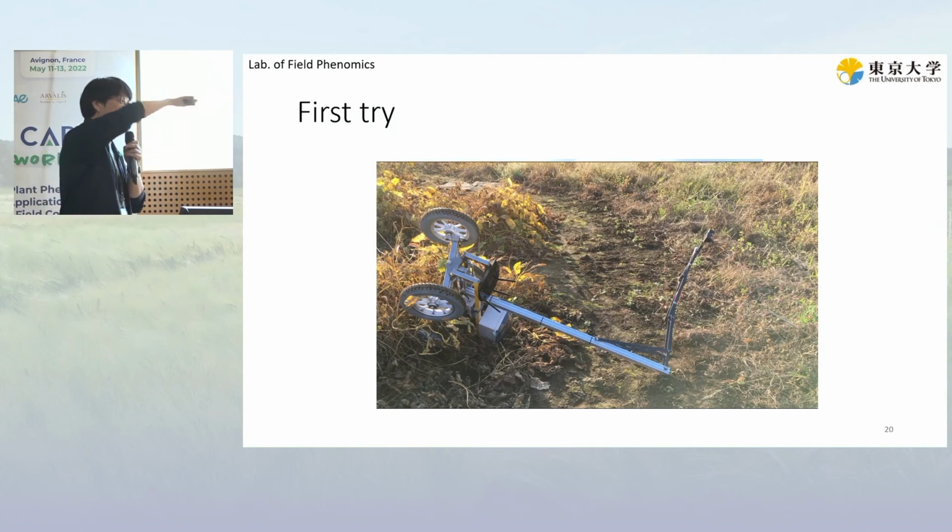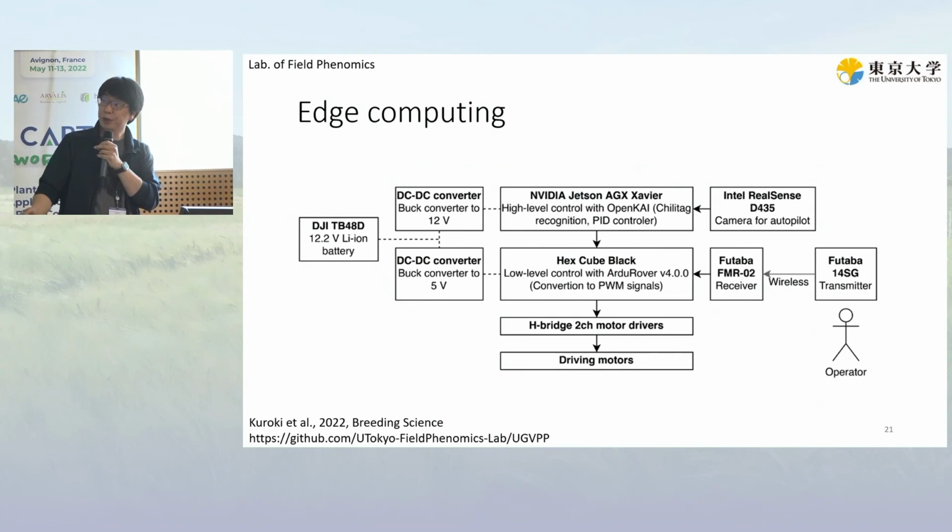So we had to change that to this DOA style, and especially inside the field, you have to make it work stably. So we had this concept of a build mostly focusing on how to navigate this system to make it run super precisely inside that tiny small breeding field. This is the most important part.